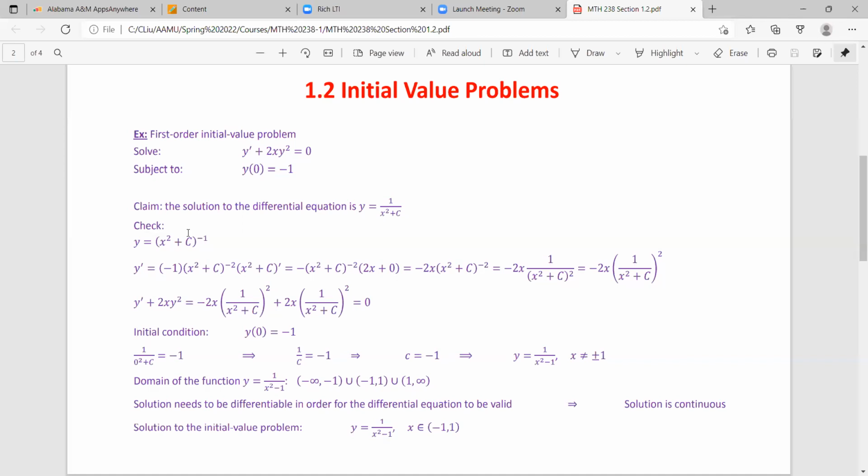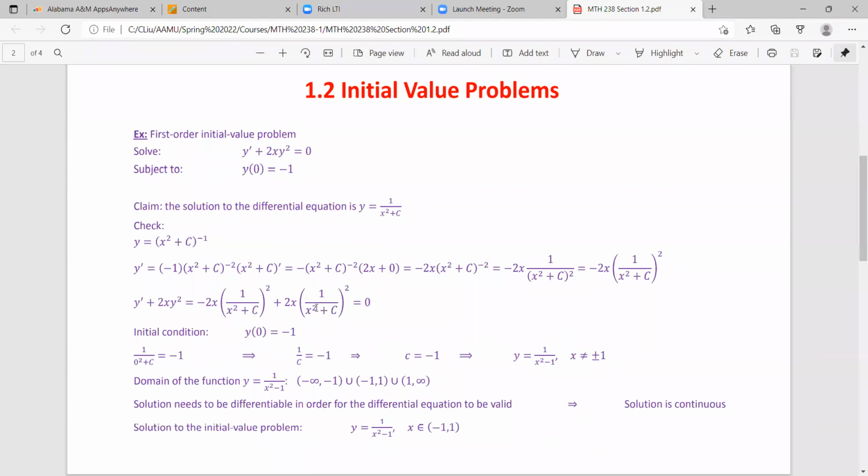All right, so let's come back to the differential equation, y prime plus 2xy squared. So we already got y prime equals negative 2x times 1 over x squared plus c squared. Plug into the equation. So we got that first term, and then the second term is 2x times y squared, and y is 1 over x squared plus c.